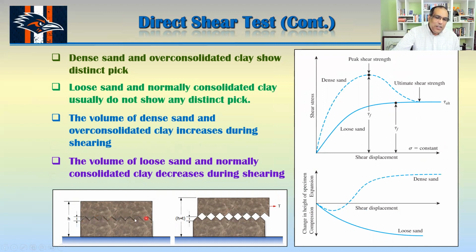And they are tight. Now, when you try to shear them, they have to come out and go up here to get out this way. At the beginning the height was h, and this teeth height is t. When they come on top of that teeth, the height becomes h plus t.